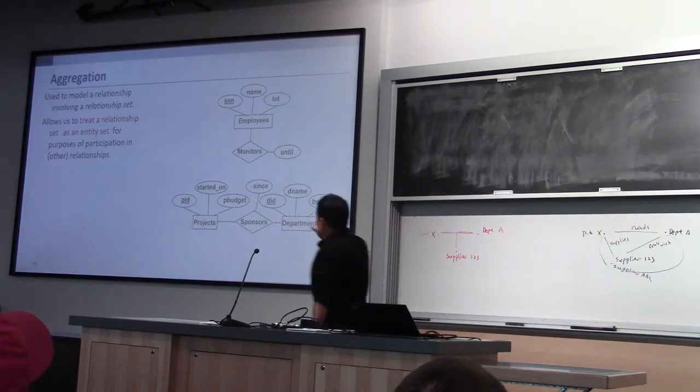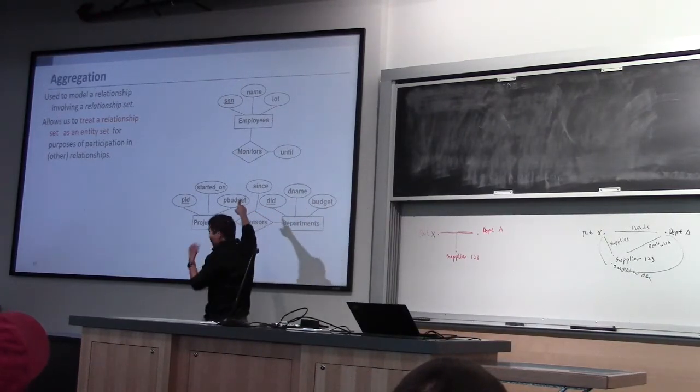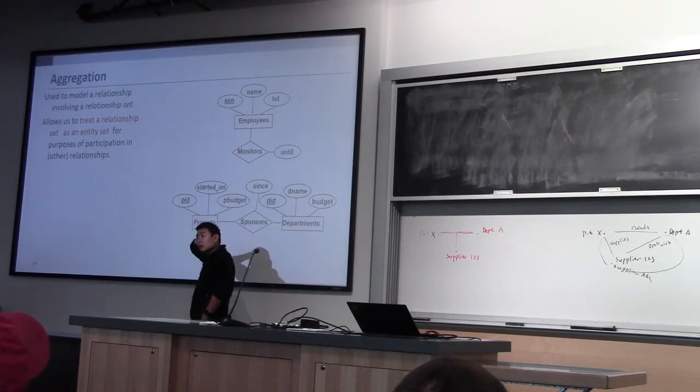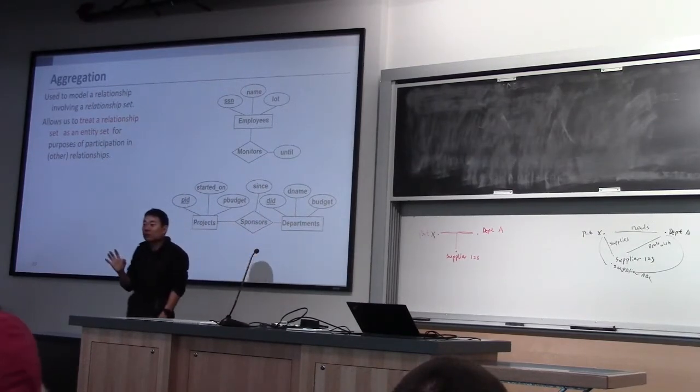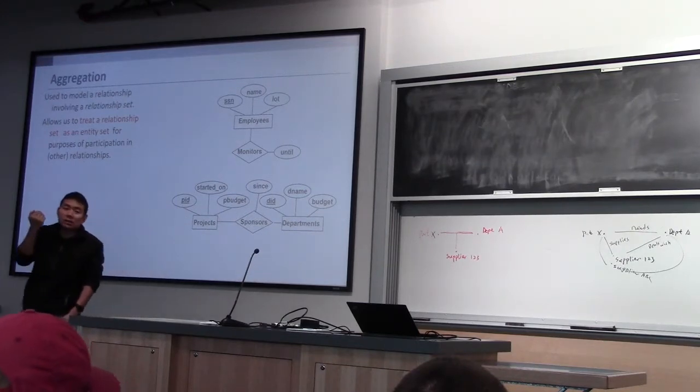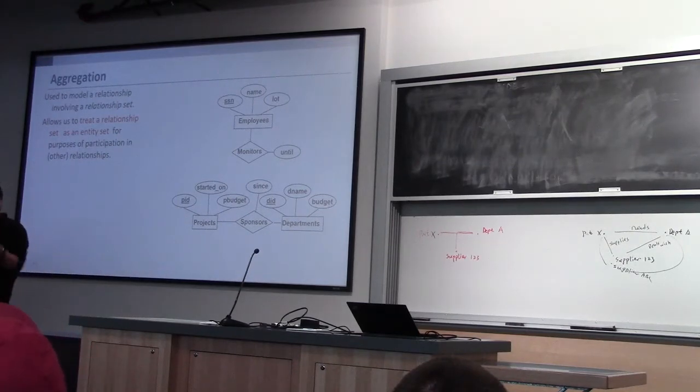However, you are now in a dilemma where you want to introduce this relationship set called monitor, right? But should this be attached to project or should this be attached to department? Neither is ideal. Because I don't want to monitor project, I don't want to monitor department. I really want to monitor this sponsorship between department and project.